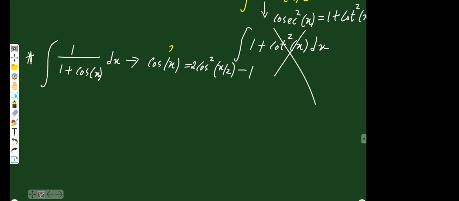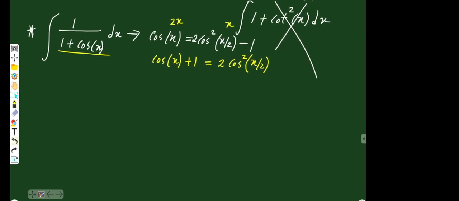So if you have 2x here, that means this is x here. If you have x here, you have x divided by 2 there. So now you can rearrange here. You can say cos x plus 1 is equal to 2 times cos squared x divided by 2. Okay, we can try that.